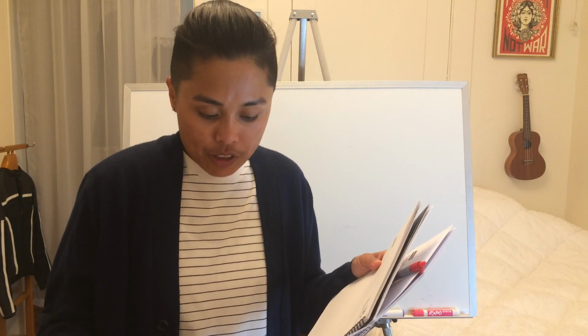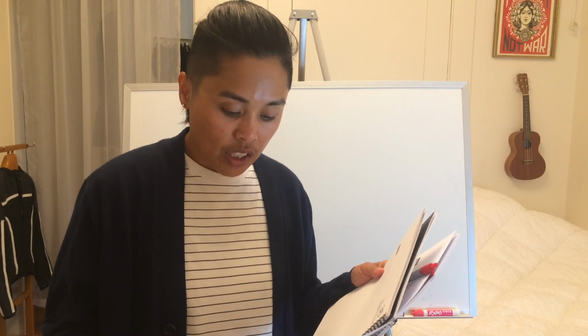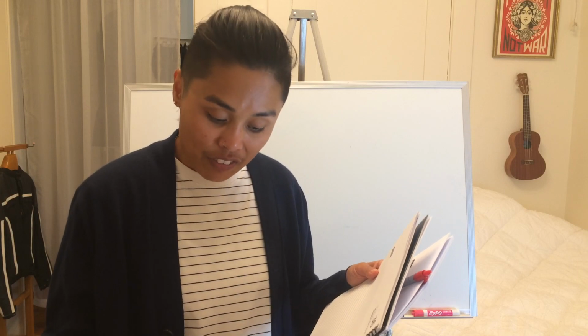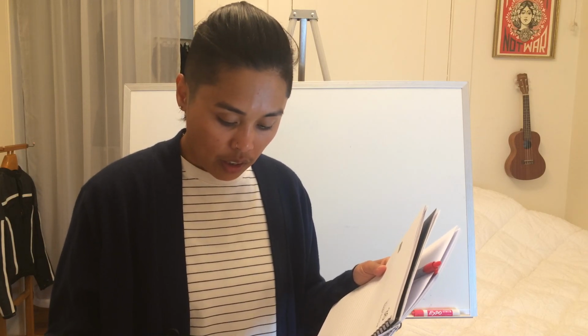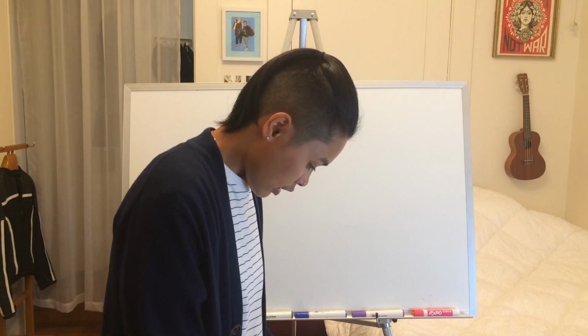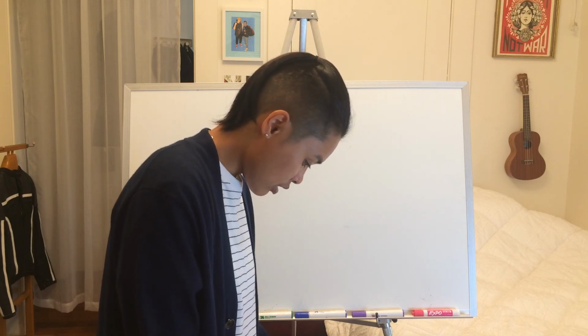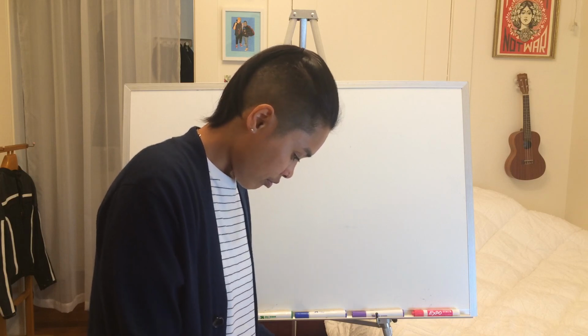Yearly contributions: below 50, $6,500; above 50, $7,500. To withdraw, you must be 59 and a half years old. To open a Roth IRA, you must have earned income. Checkbook Roth. That's all the notes I got on that. There's income disqualifications.